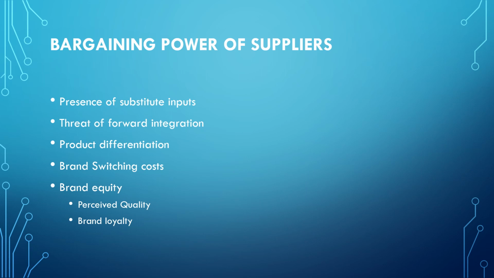One of the reasons we tended to be loyal to those companies was that we thought the products they were selling had better quality than the other people's. So this notion of brand equity influences power of suppliers. If a supplier has built up a lot of brand equity in its customers, then they gain power in that relationship.